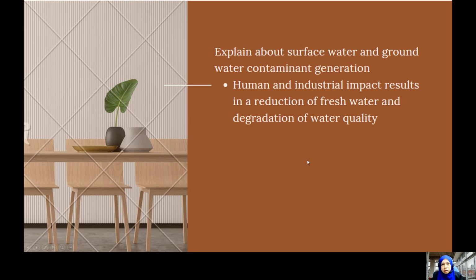I hope all the students can explain how surface water and groundwater contamination generated by human and industrial impact results in a reduction of fresh water and degradation of water quality.